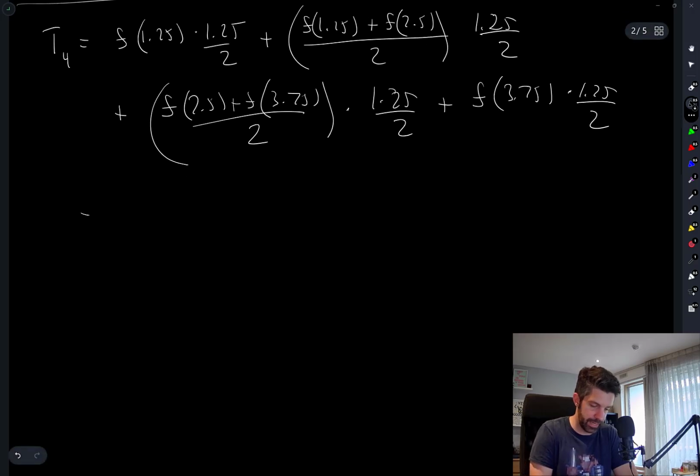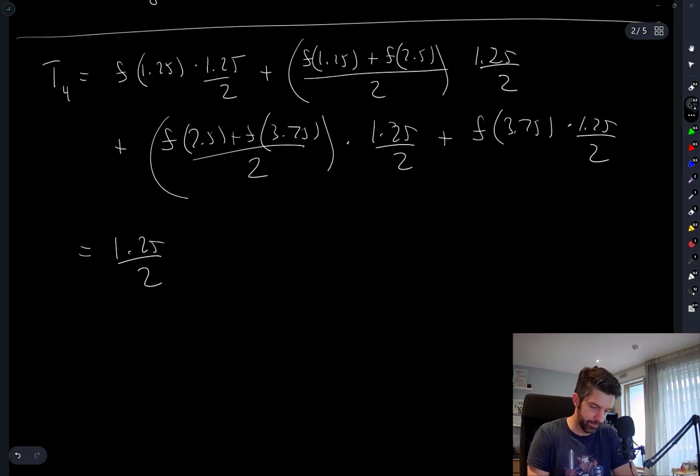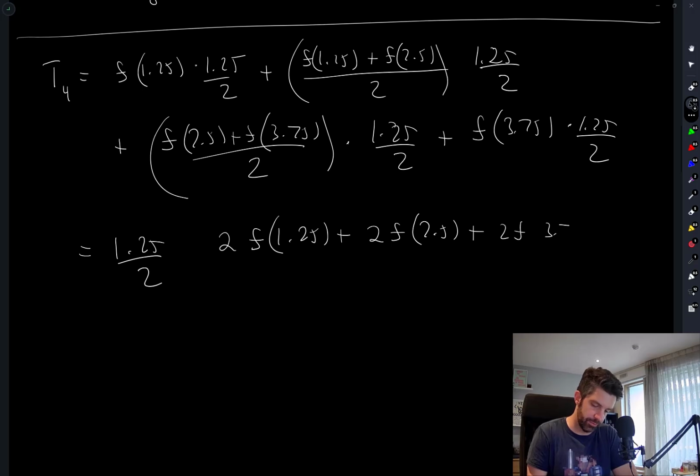Okay, well, let's take out the 1.25 over 2 from everything. So I have 2f of 1.25 plus 2f of 2.5 plus 2f of 3.75.